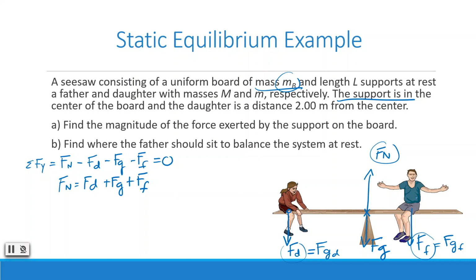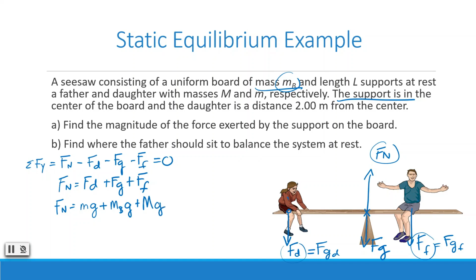So don't label these forces of the people acting on the board as gravitational forces, because that's only if the earth specifically acts on the object. But they're going to be equivalent. So I'm going to say that my normal force is going to equal the mass of the daughter, little m, times g, plus the force of the board, which is the mass of the board times g, and then the force of the father is going to be big M times g.